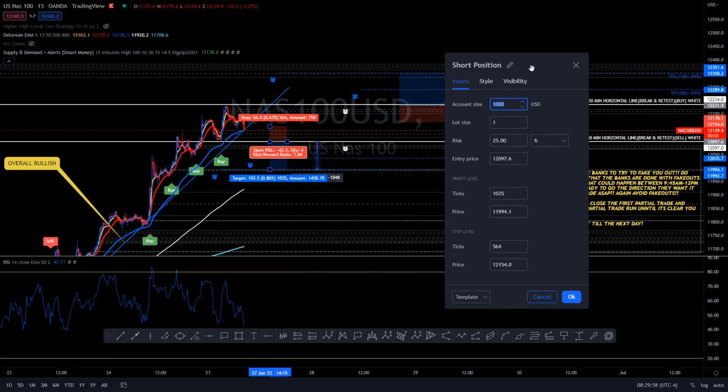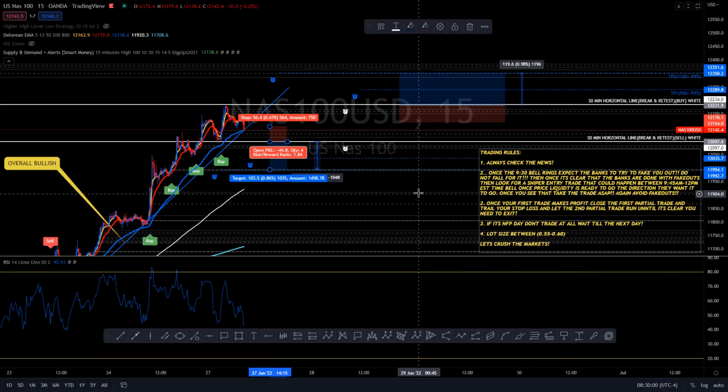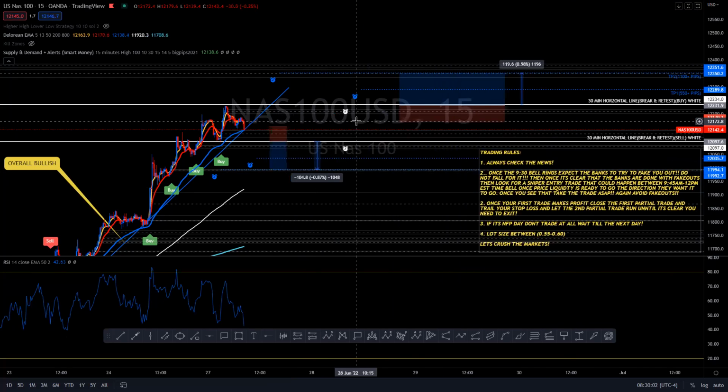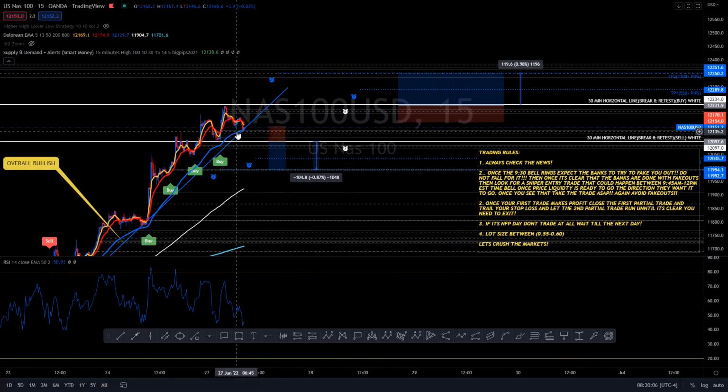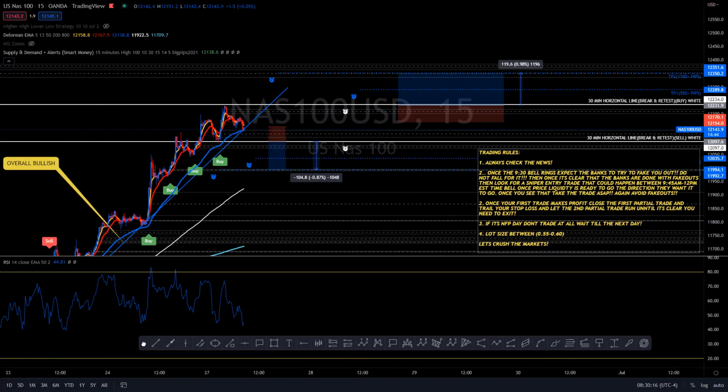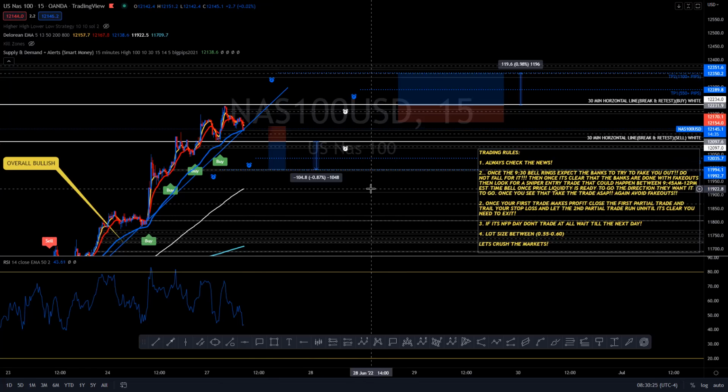Let's see. It's testing the EMA. It's testing the EMA, but let's see who's with it here. Sellers have started to control.